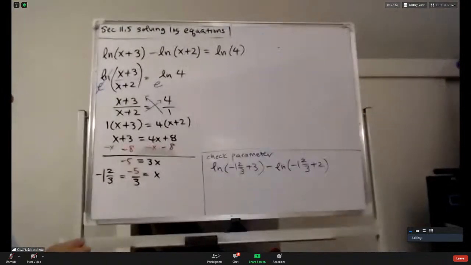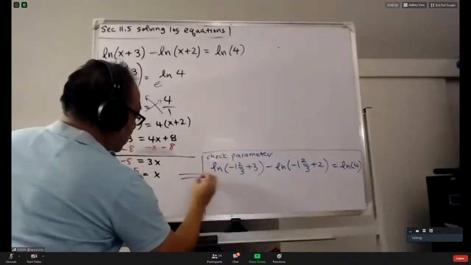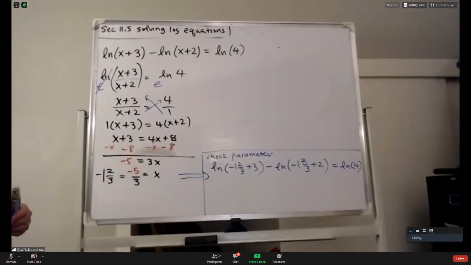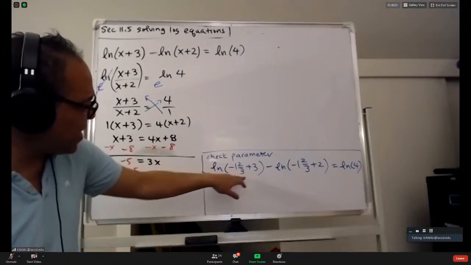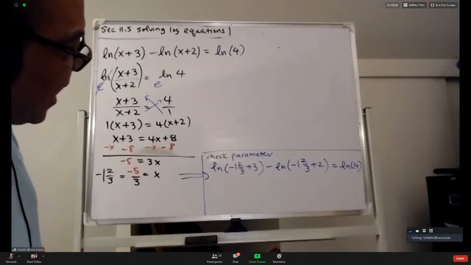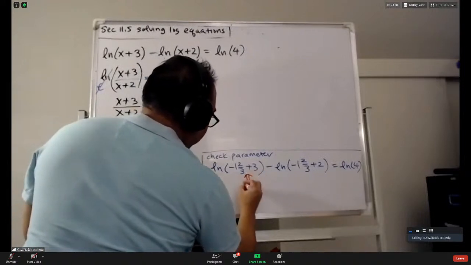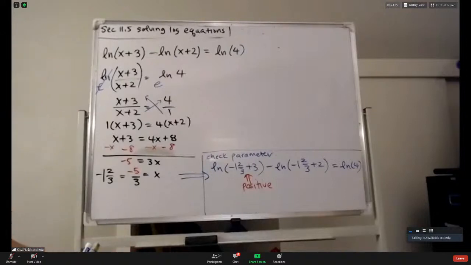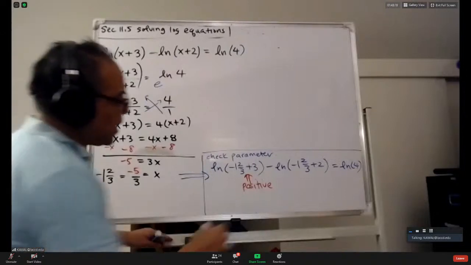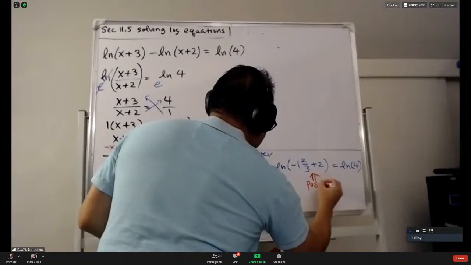Now, if it's negative 5/3 over here, a lot of the time you're just not clear on whether it's positive or negative. You don't actually need to calculate it. I know that 3 is bigger than 1 and change, so I know that's positive. I'm not even going to bother figuring out the value. I just know it's positive, and that's all I care about. I know that 2 is bigger than this, so I know this is positive. So I know I have a good answer.